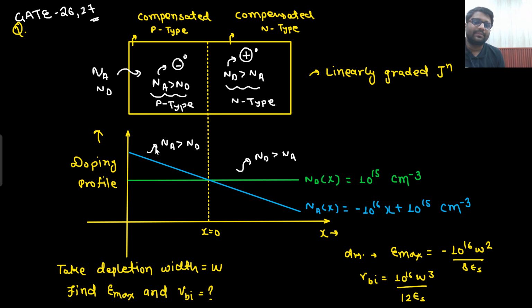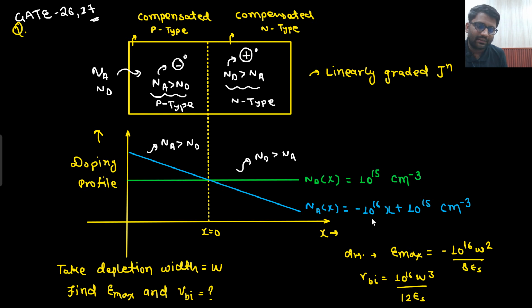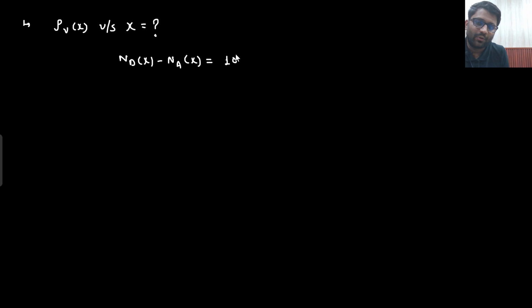So what is my Nd(x) minus Na(x)? Nd(x) is always 10 to the power 15. Na(x) is always minus 10 to the power 16 x plus 10 to the power 15. Right? So what will be your Nd(x) minus Na(x)? You can see from here it would come out to be 10 to the power 16 x per centimeter cube.